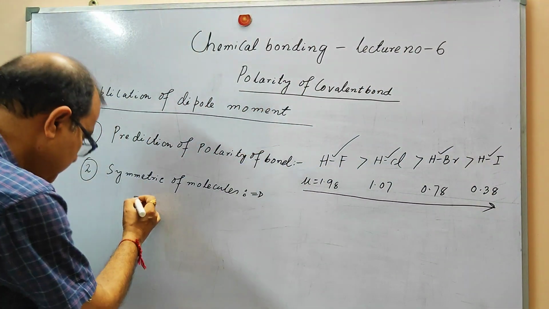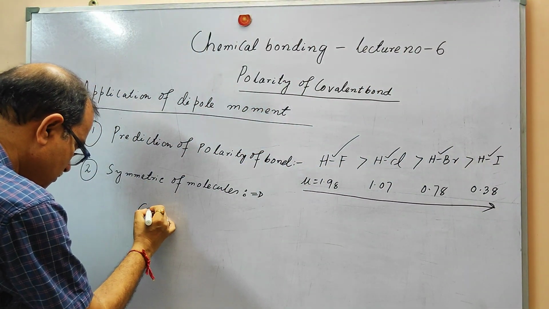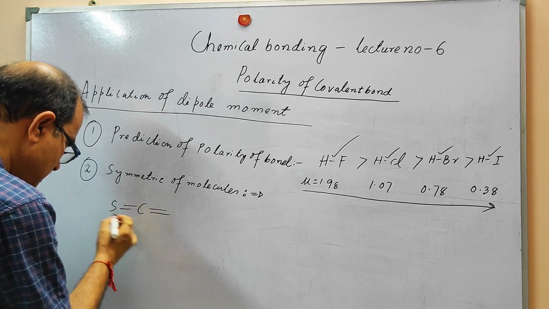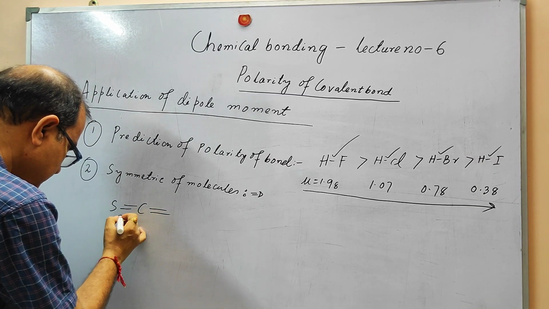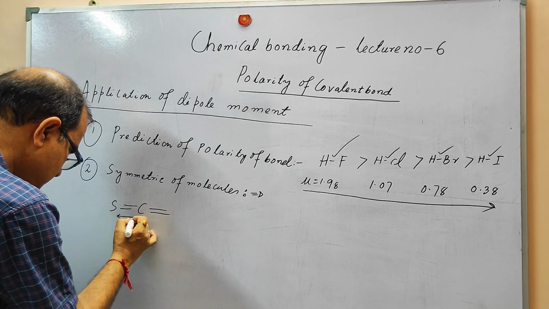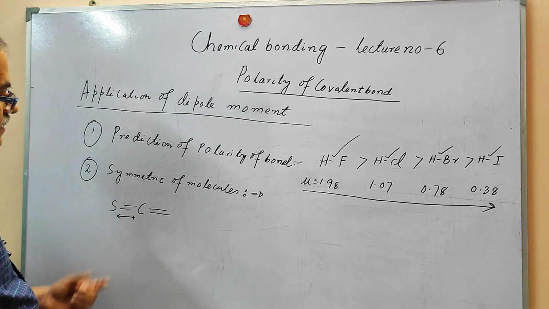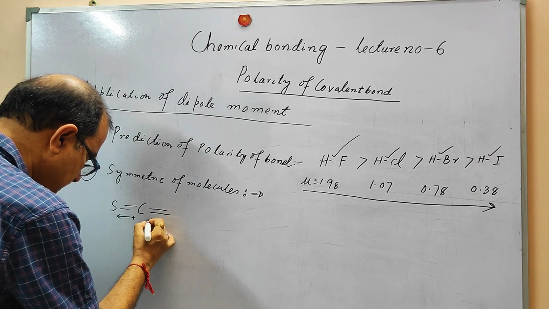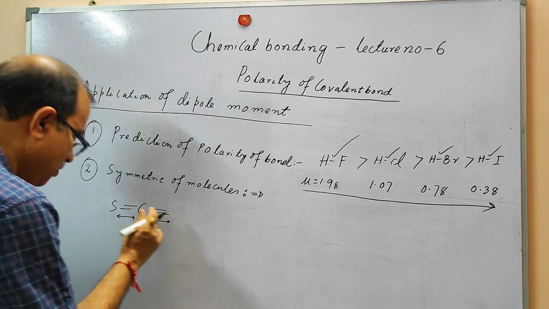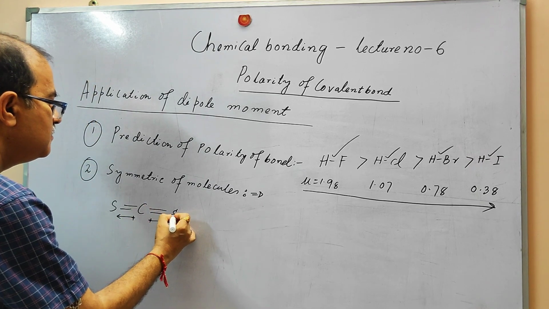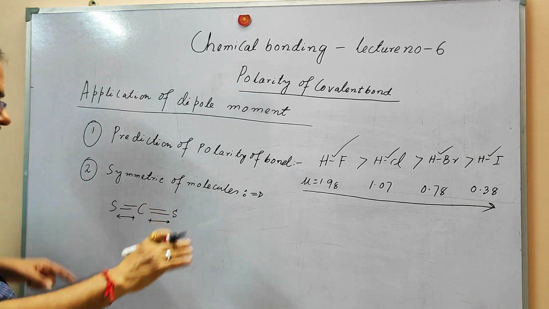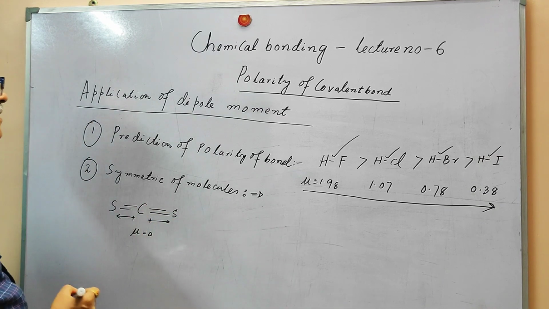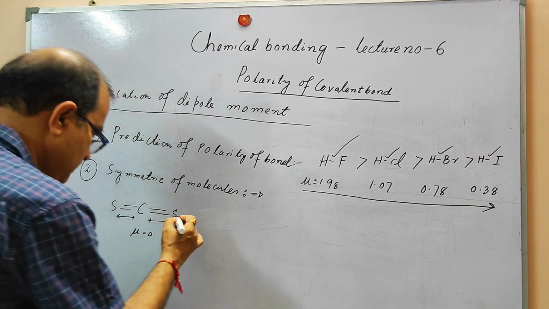For example, carbon disulfide: you can see the directions of the bond dipole moments are completely opposite, and the molecule is planar. So its dipole moment is 0, meaning this molecule is symmetric.